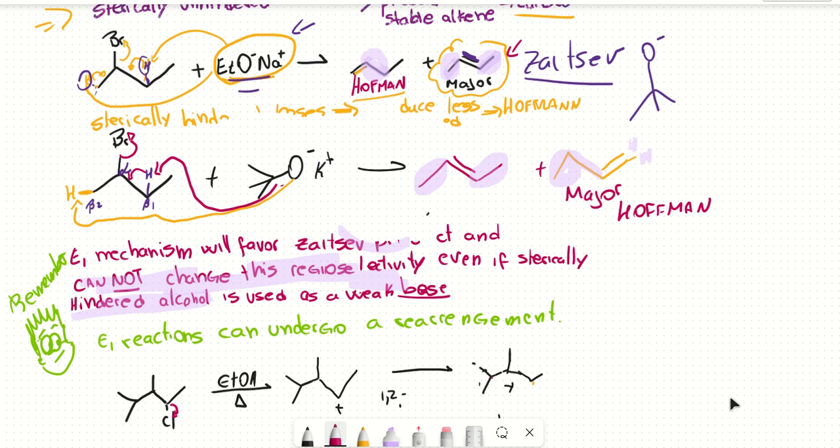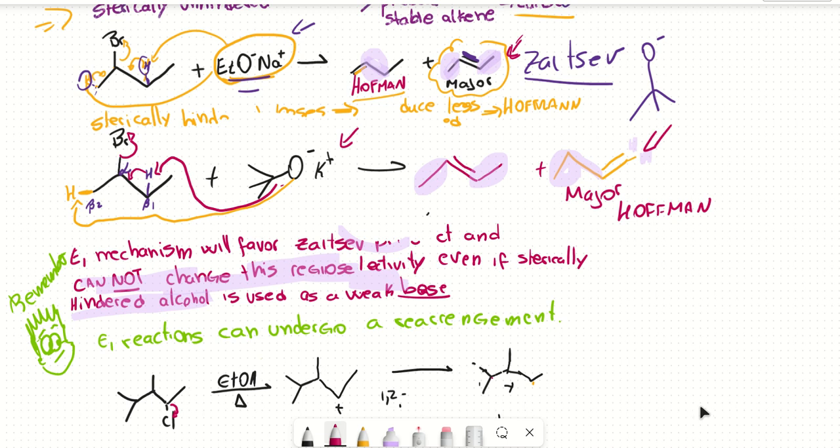Another point that you need to remember: the only elimination where you can control the product through the different base is E2. So if I want to produce this product as my major, I know that I need to use a bulky base. If I want this product as major, I know that I need to use a small base. I'm sorry. And the E1 mechanism, no, because we cannot control this. We always favor Zaitsev, okay?